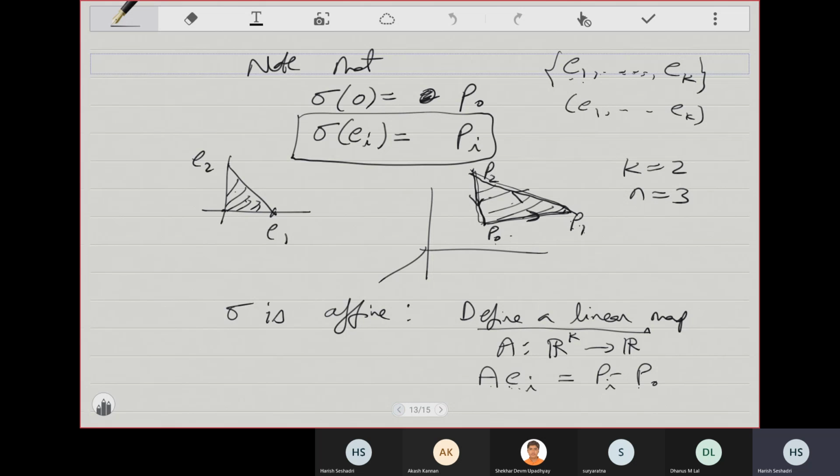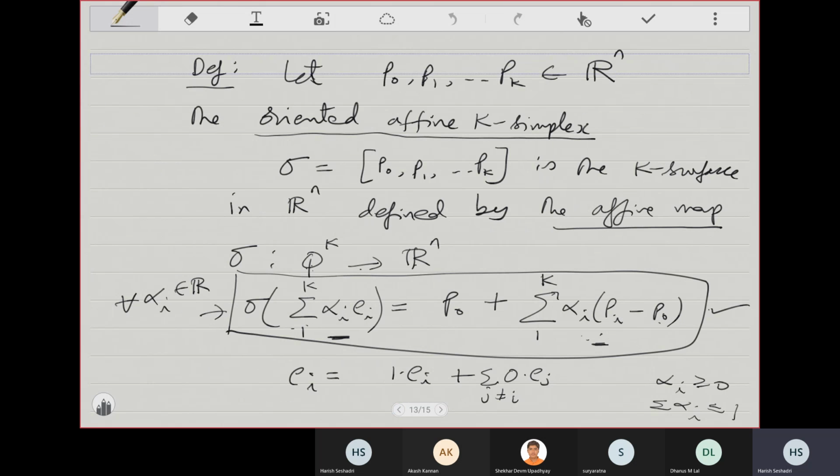which is essentially putting the k simplex with vertices at those points. Now here I've left something unsaid. I didn't require that these points are linearly independent. For example, they can all be the same, P0 equal to P1 equal to Pk.